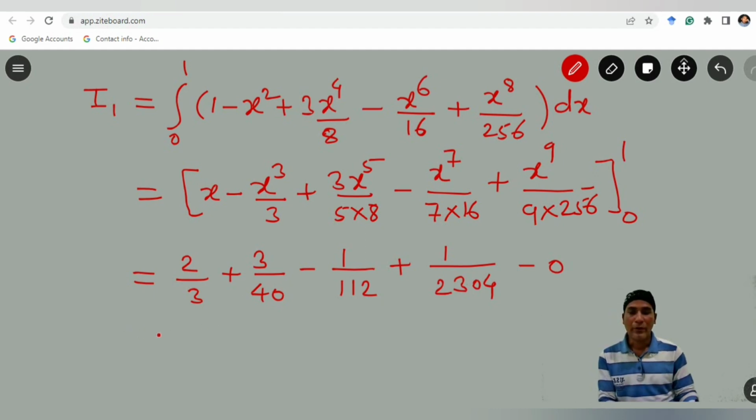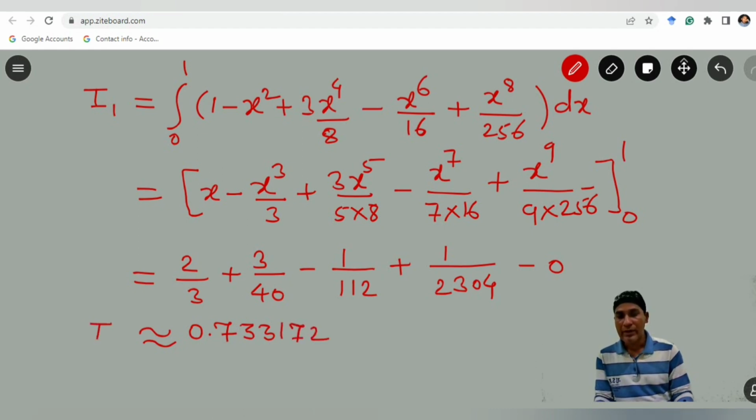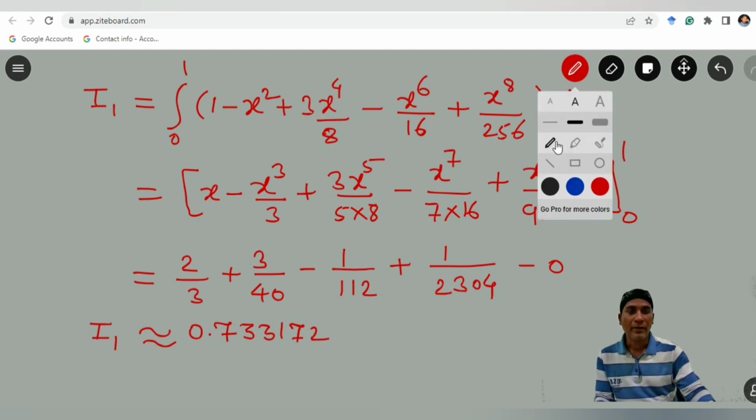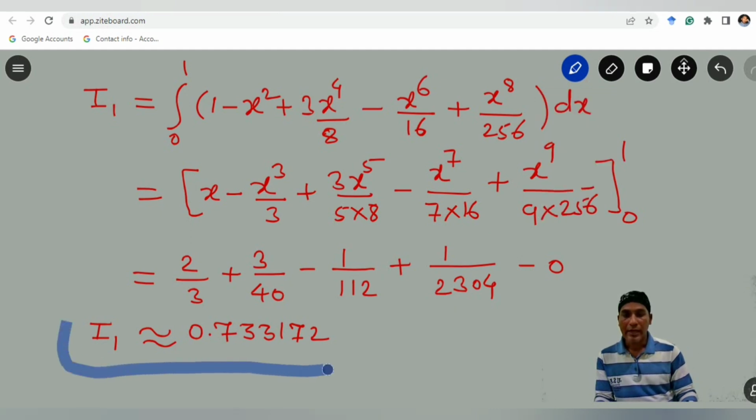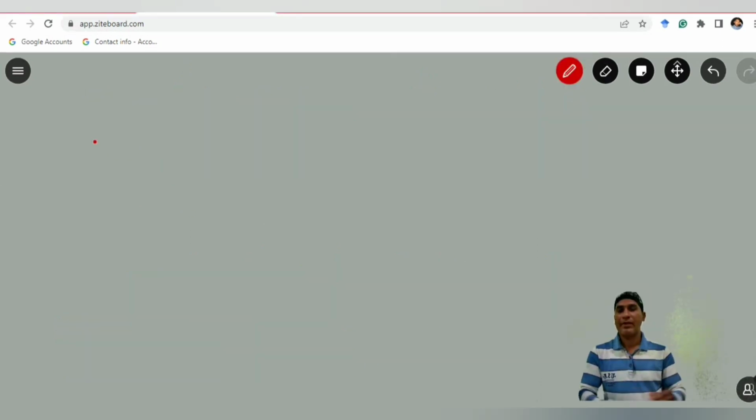After doing some calculation, you will get that I1 is approximately equal to 0.733172. So this is the approximated value of I1.